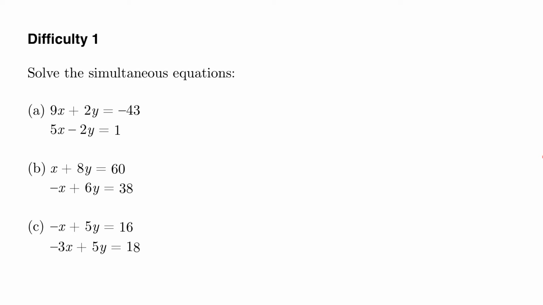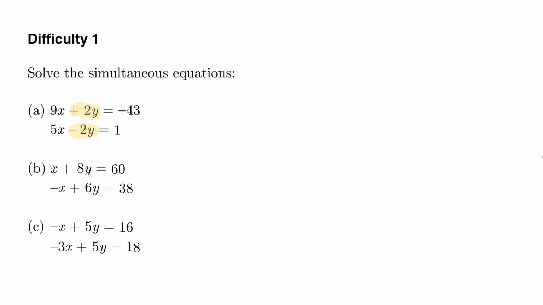So let me just be clear what I mean by that. In this example, we've got 9x plus 2y, and in the second one, we've got 5x minus 2y, and these add up to 0, essentially. Plus 2y minus 2y is just 0.